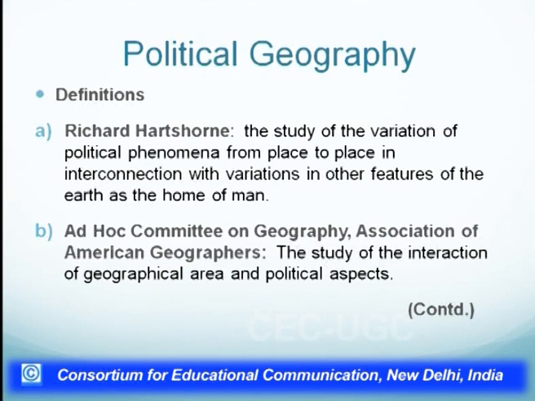We should also look at a few definitions and sift out a few of the elements which we will be discussing in the coming hour. One very important geographer from the United States, Richard Hartshorne, said in the 1930s that political geography is the study of the variation of political phenomena from place to place, in interconnection with variations in other features, such as features of the earth as the home of man.